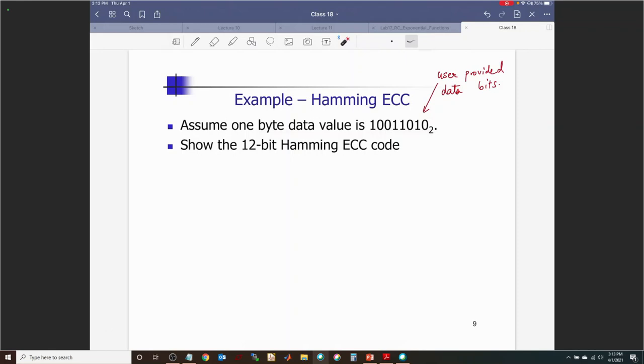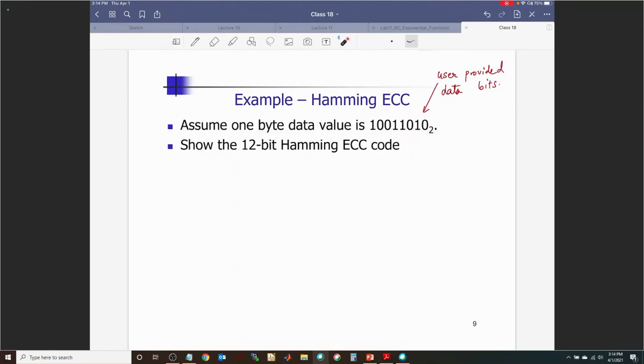So what I'll use is a Hamming error correction code with 4 parity bits, so that when I read it back, I will be able to correct 1 error if it happens. My goal over here is to show the 12-bit Hamming error correction code. What am I going to store in memory? I know the data bits, but I need to generate the parity bits so that I can put the code word into memory.